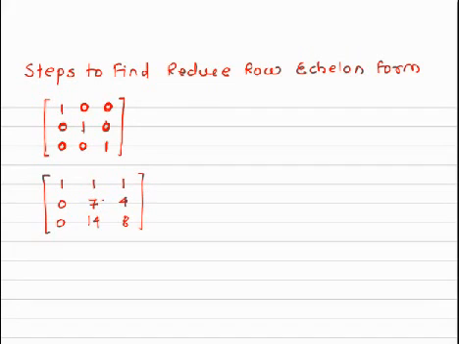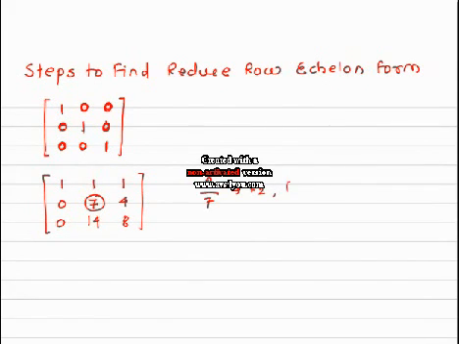Now for the second row, we want to make this entry 1 with the row operation. As we discussed earlier, the row operations are like this. R2 divided by 7 gives the new R2. R3 minus 14 divided by 7 times R2 gives the new R3.